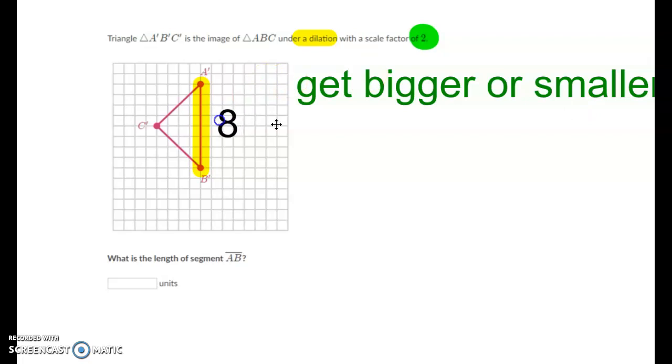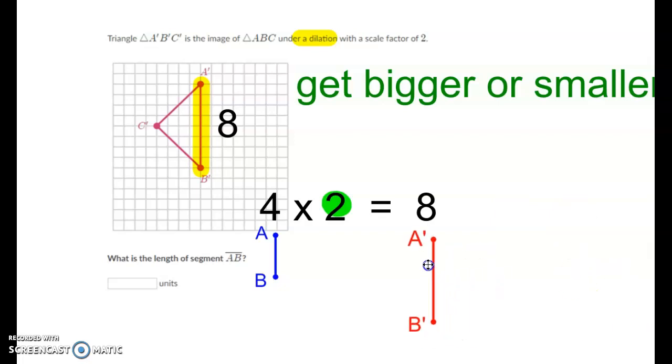So this was 8 units. And so we're going to know that if it got twice as big, well, if I go 4 times 2, I get 8, which means that original length was 4 units long. And it got a scale factor of 2, twice as big, and landed up being 8 units long.